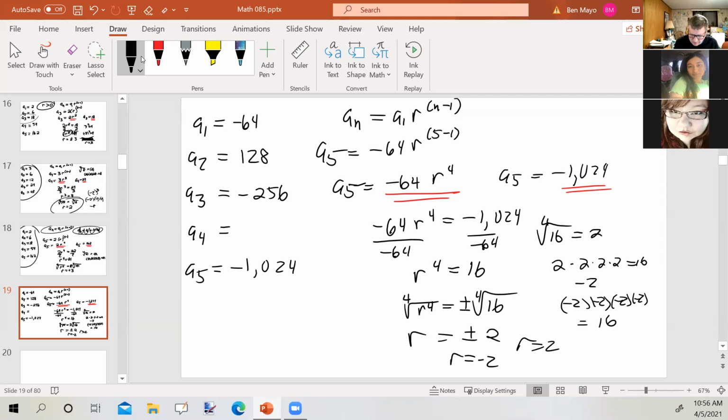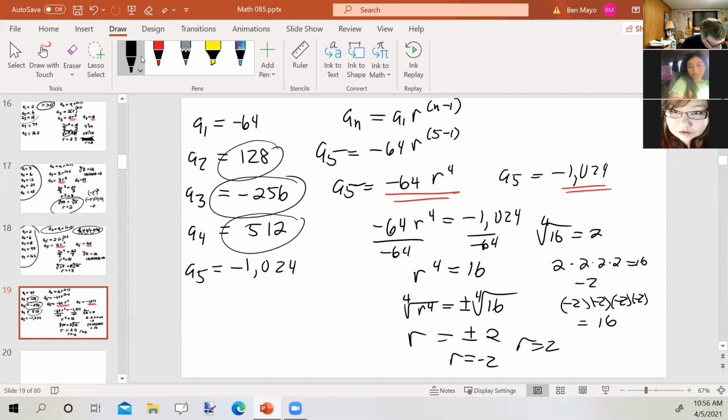Negative 256 times negative 2 is positive 512. Positive 512 times negative 2 is negative 1024. And what do I have? 2 positive means and 1 negative mean. So instead of them saying r is less than 0, they had us do it by figuring out which one would give us what they asked for, 2 positive and 1 negative geometric mean.